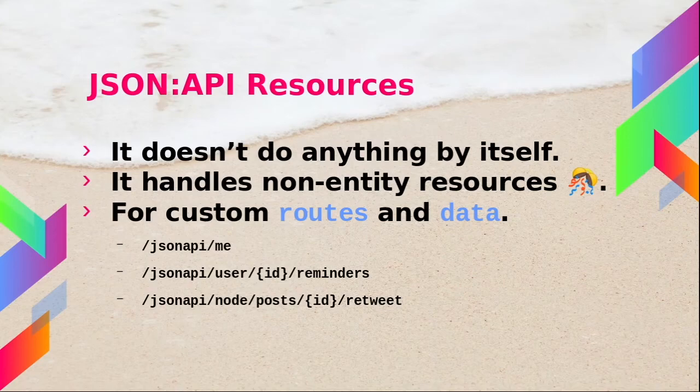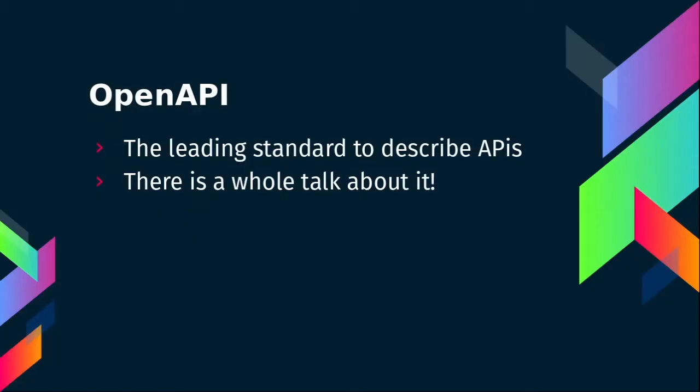This module, JSON API Resources, which I didn't write, gives you these helper functions to go faster on creating this. Otherwise, it's a little bit complex to write your own custom JSON API things, but you don't need to, because there are these modules.